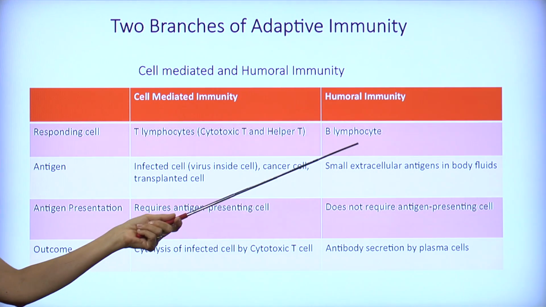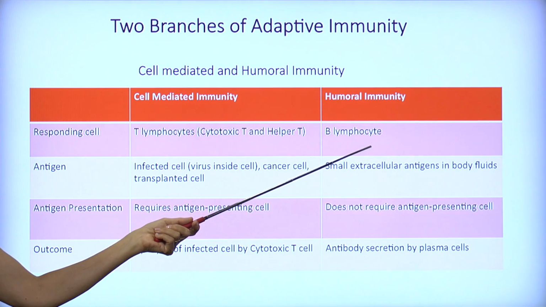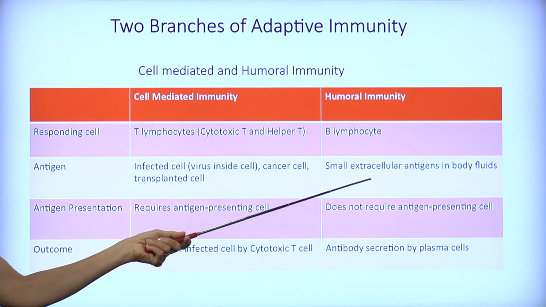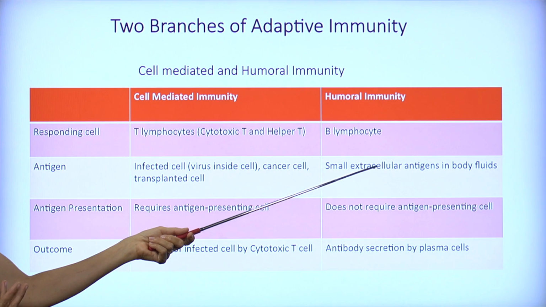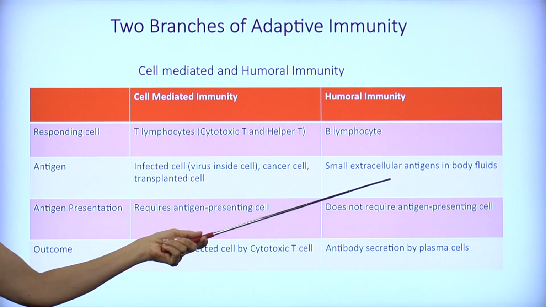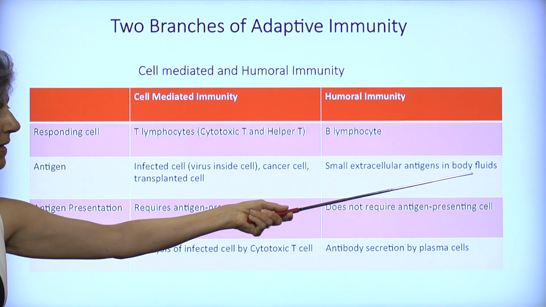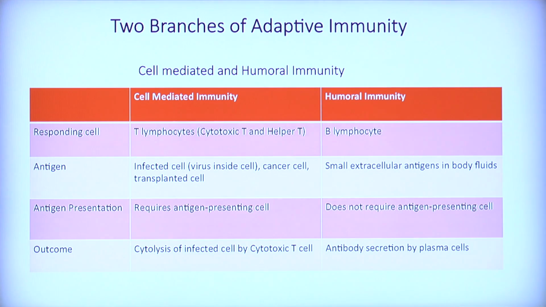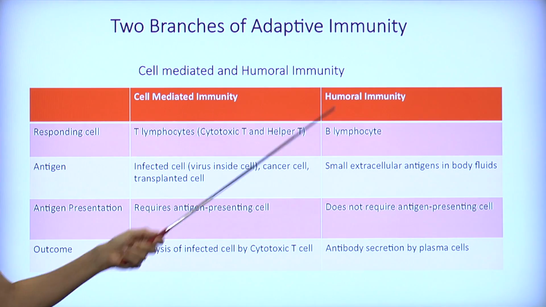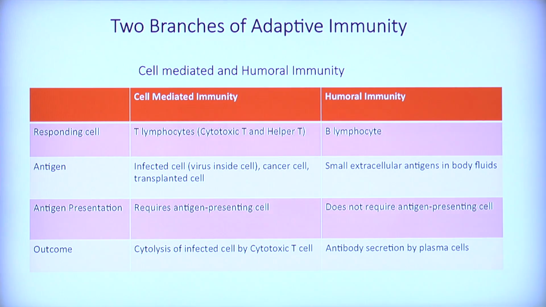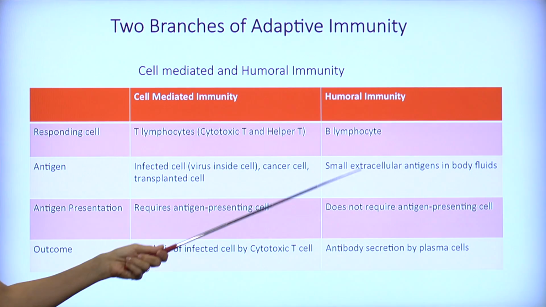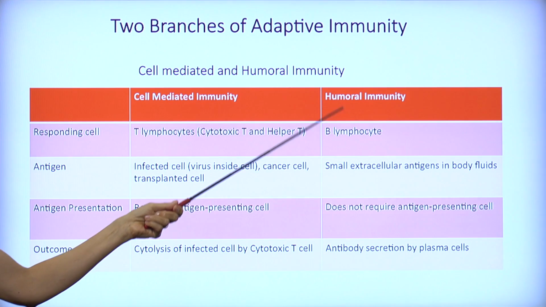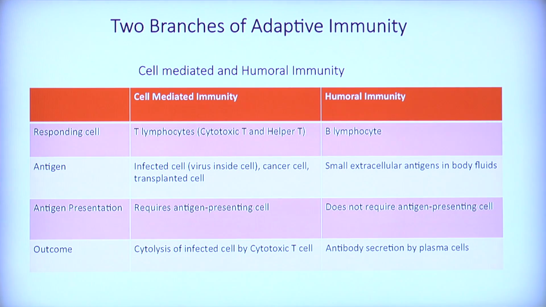The B lymphocyte cannot recognize cells. What it can recognize is small fragments of antigens outside the cell, mostly in body fluids. And this is where the word humoral comes from. Humor means fluid, so antigens in the body fluids are going to be recognized and attacked by the B lymphocyte.